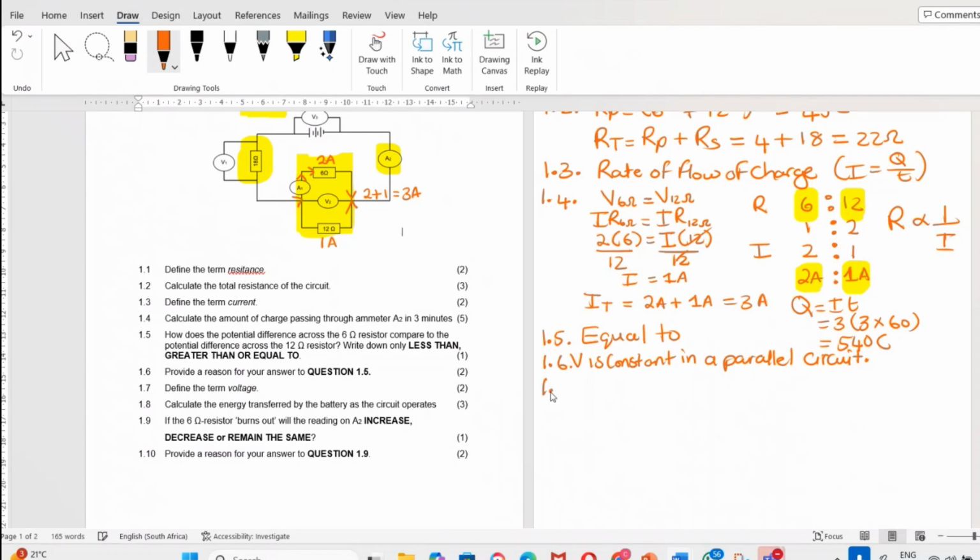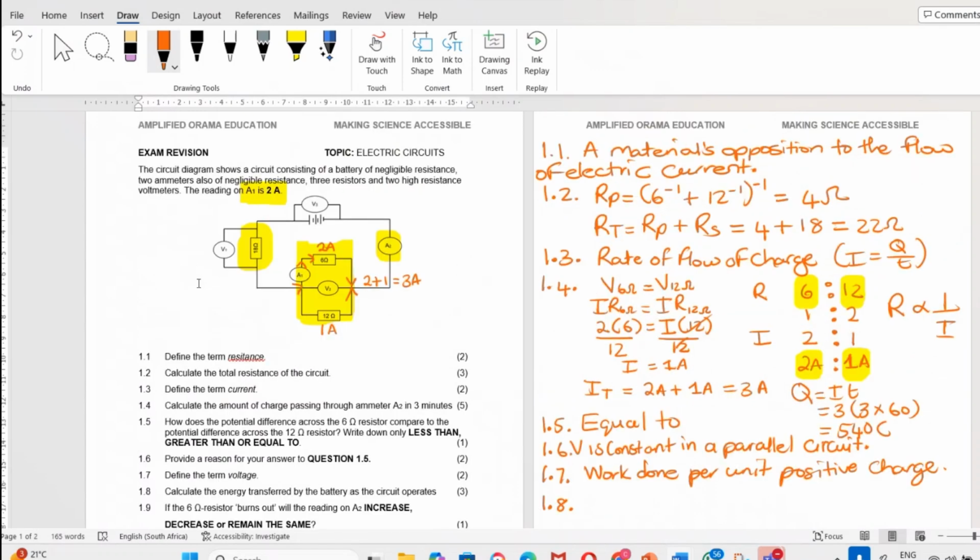Okay, 1.7 says you must define the term voltage, and voltage is the work done per unit positive charge. And 1.8 says we must calculate the energy transferred by the battery as the circuit operates. Okay.